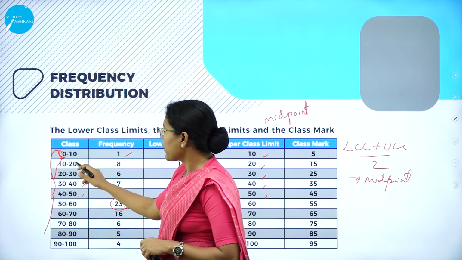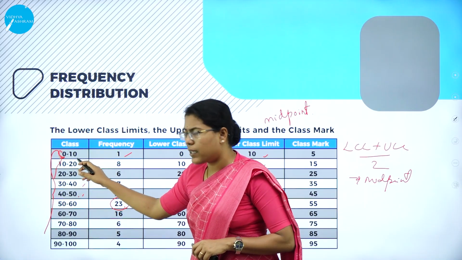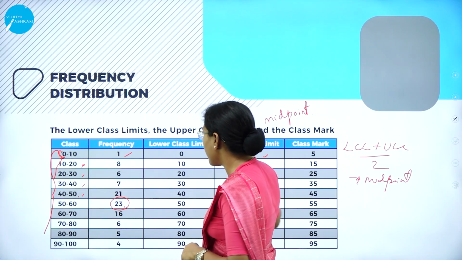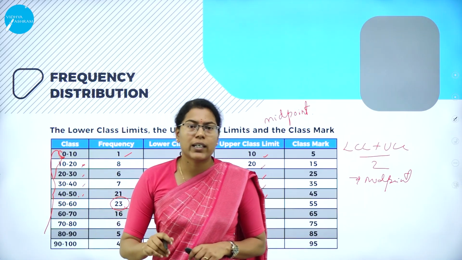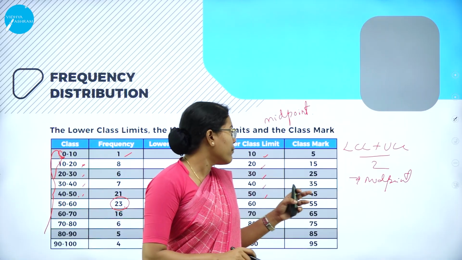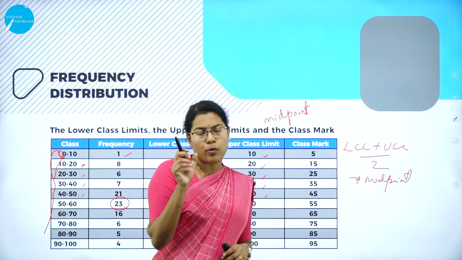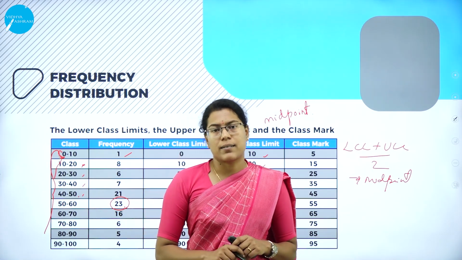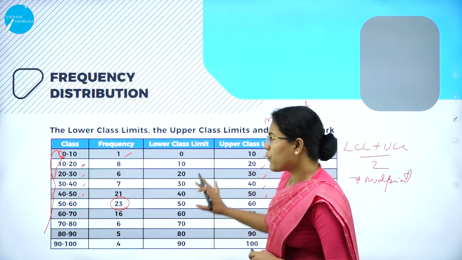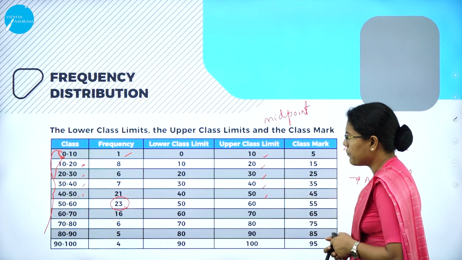So here, what is the lower class limit? 0. 0 plus 10 divided by 2 is 5. Here 10 plus 20 divided by 2 is 15. Like that, class mark is nothing but the midpoint of a particular class. So this is a frequency distribution table.